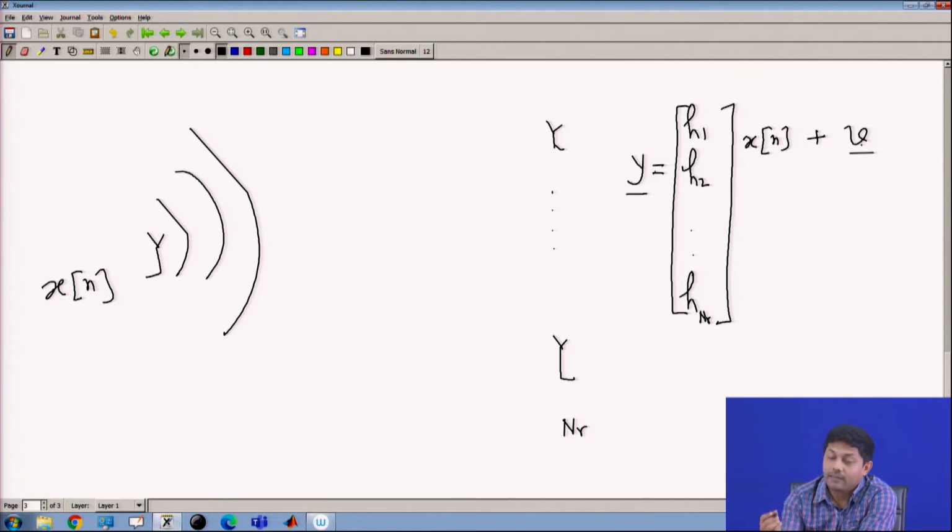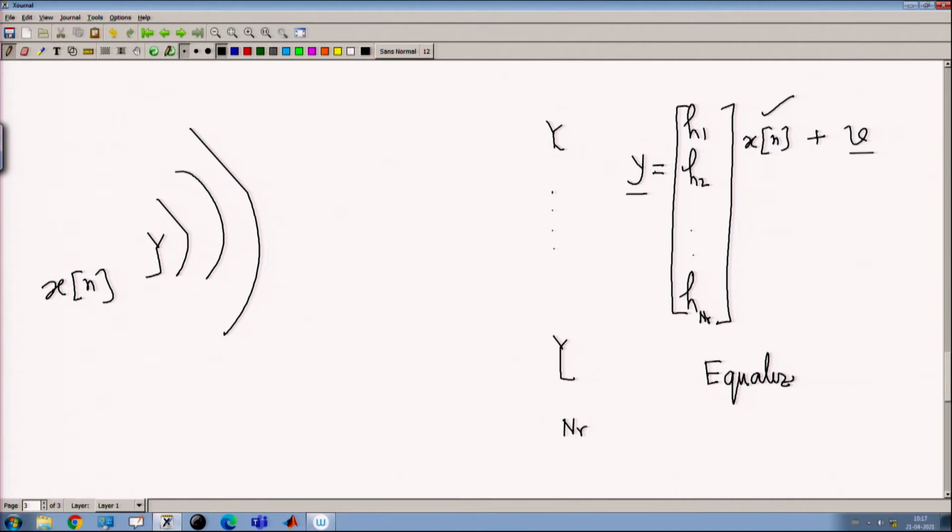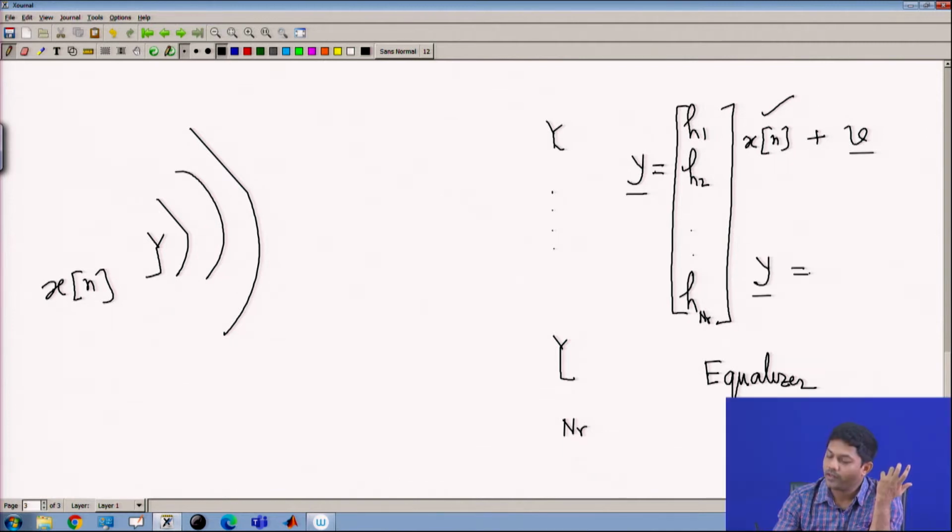Now ultimately I have multiple choices to decode the data. I can create some sort of an equalizer to detect the XN. So, what is my final data model? The final data model will be Y bar is equal to H bar X of n plus V bar. Can I create an equalizer?